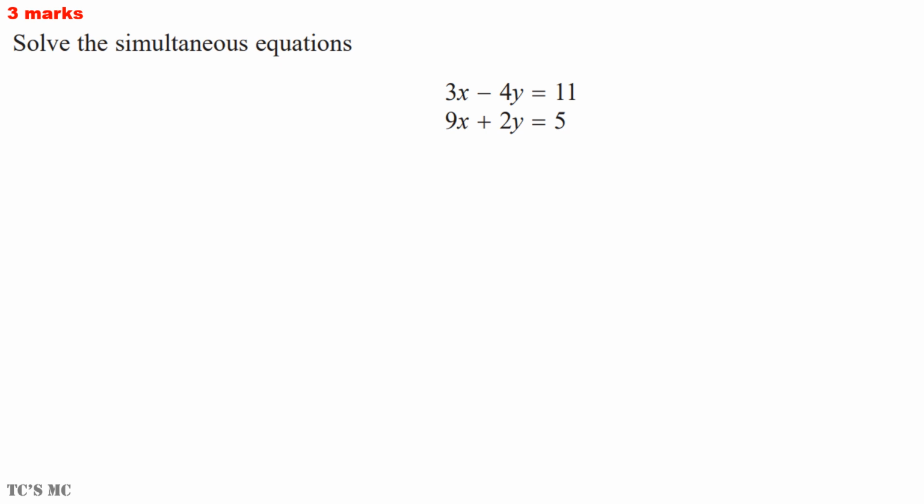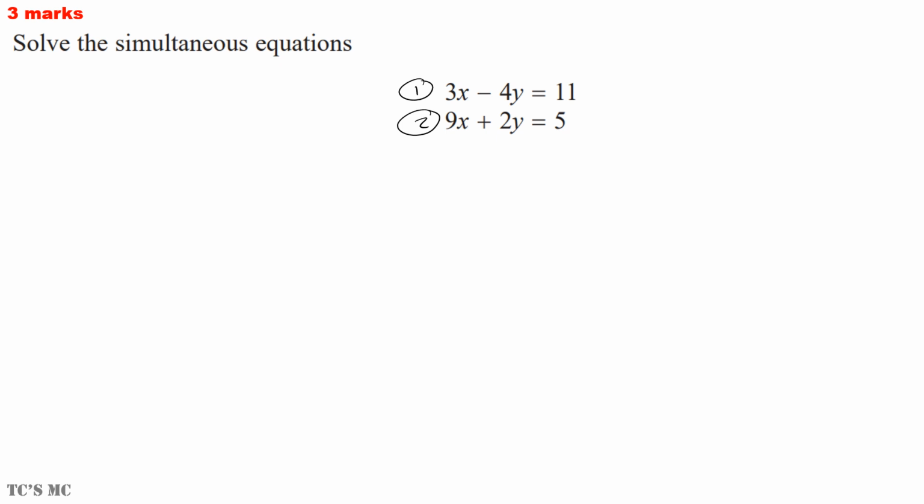Solve the simultaneous equations 3x subtract 4y is equal to 11 and 9x add 2y is equal to 5. I always start by labeling my equations. Neither the x's nor the y's have the same coefficient, so I can't just yet eliminate any of them.